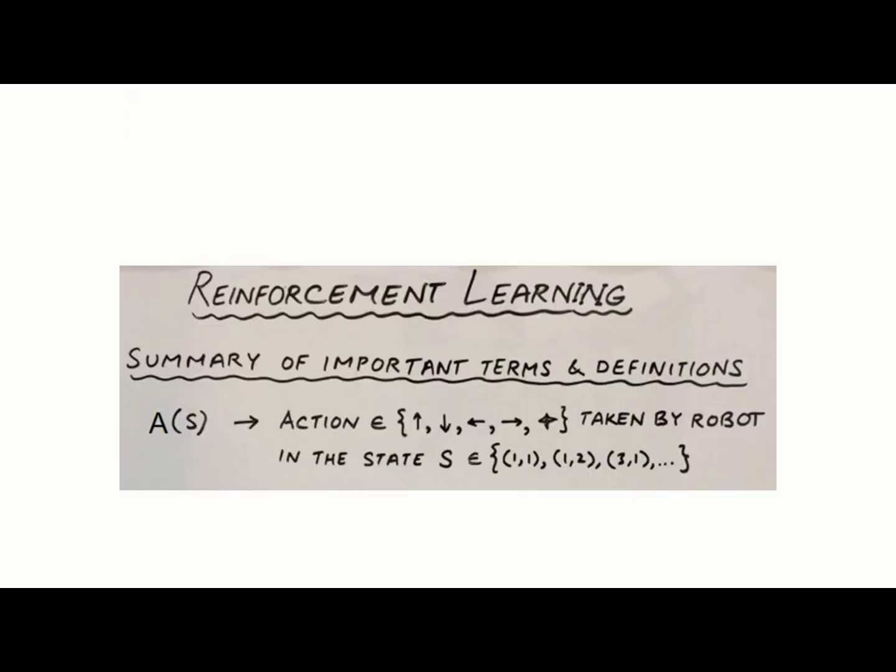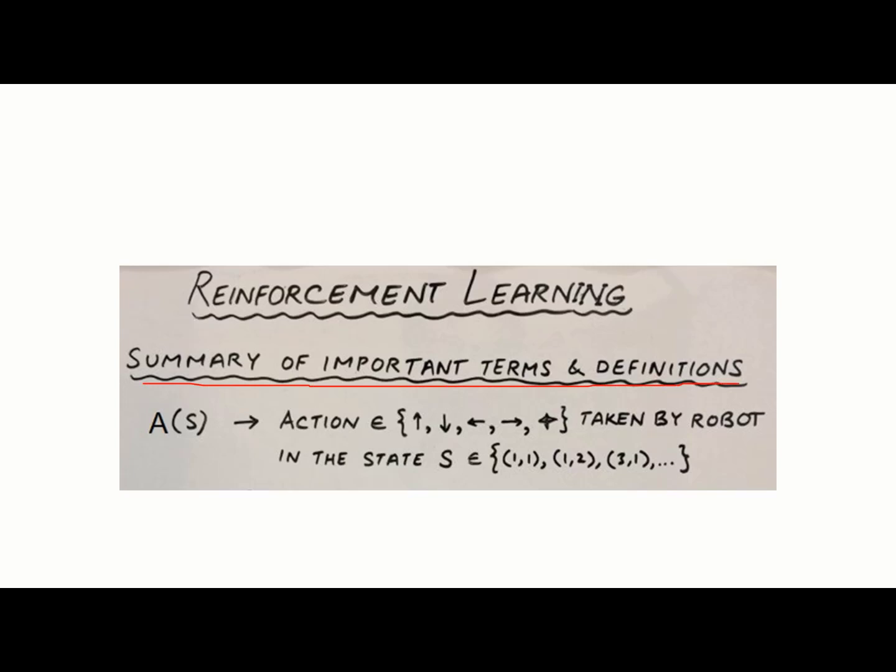Before we discuss the algorithms to find the policy that gives maximum expected reward, we have to go through a summary of some important terms as well as the definitions.